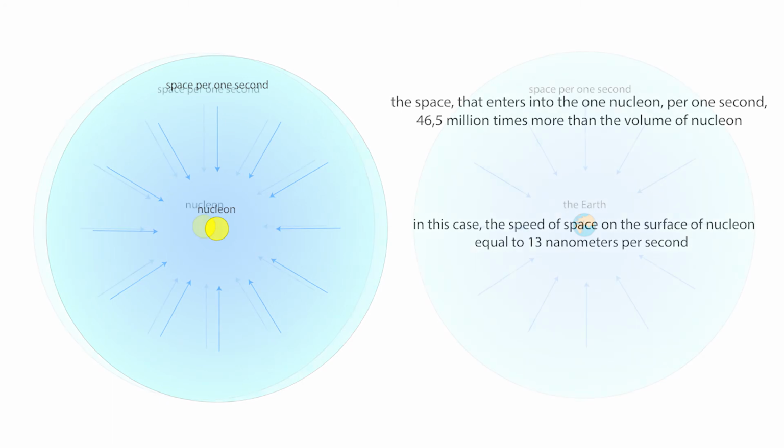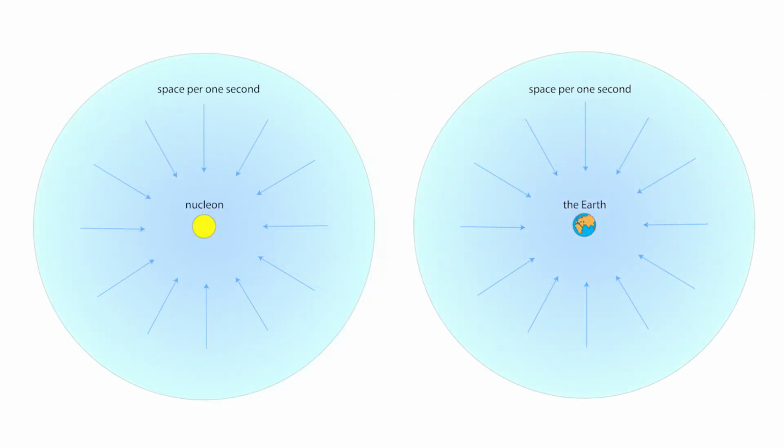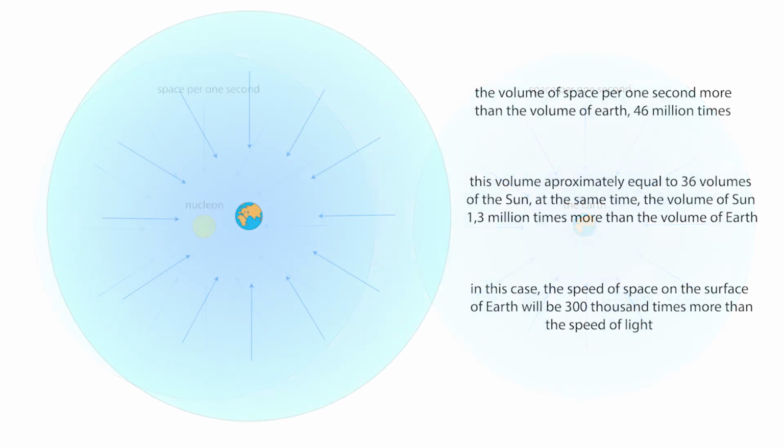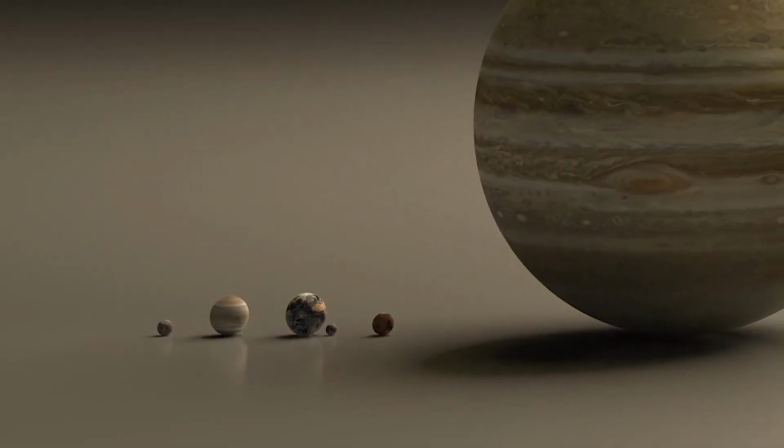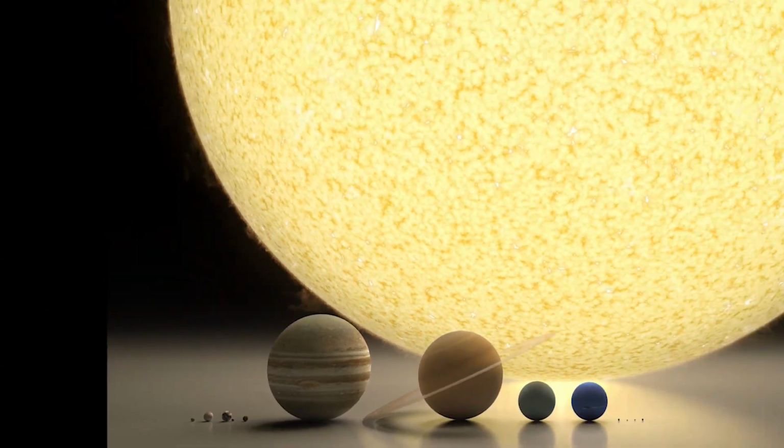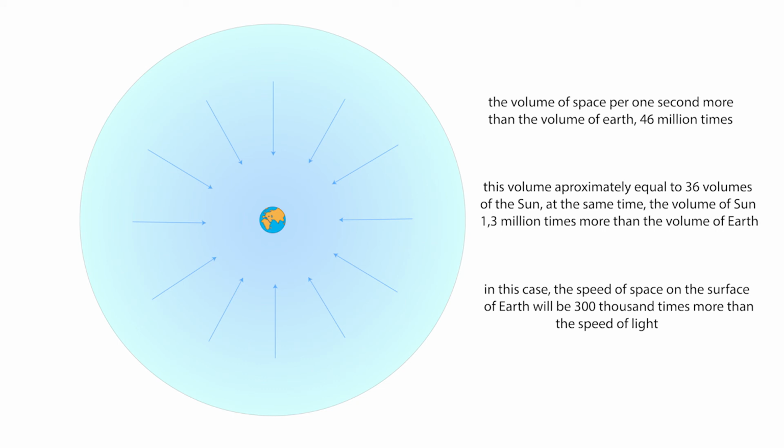To imagine this on the scale of our planet, let's imagine that planet Earth is the nucleon, and into the Earth enters a volume of space equal to 36 volumes of the Sun. And the volume of the Sun is more than the volume of the Earth by around 1.3 million times. In this case, the speed of space on the surface of Earth will be around 300,000 times more than the speed of light. This is a huge number.